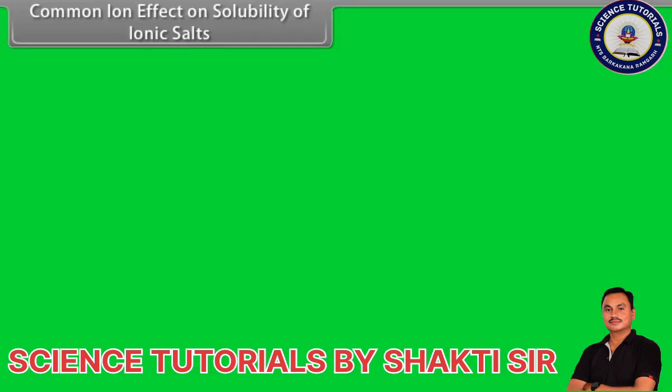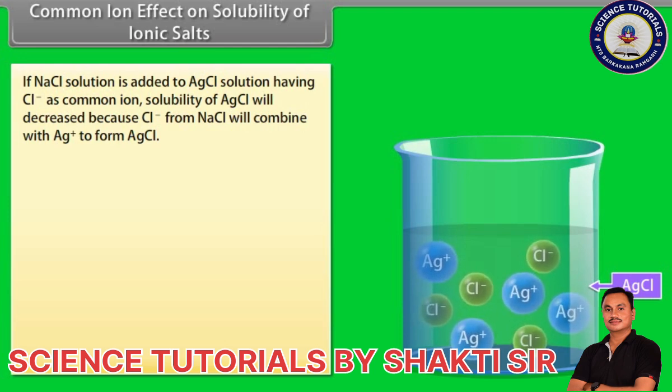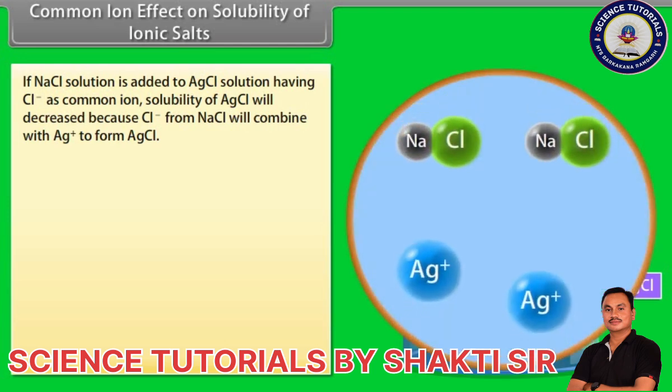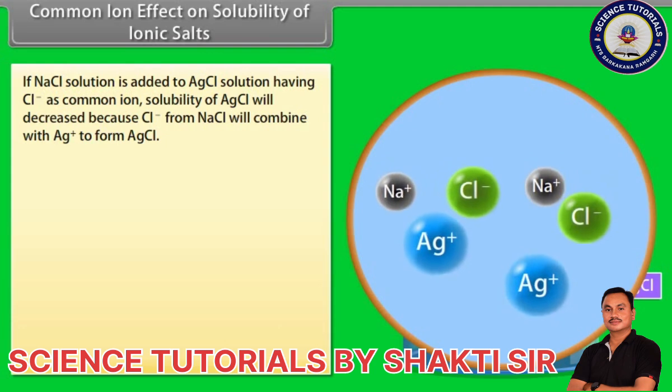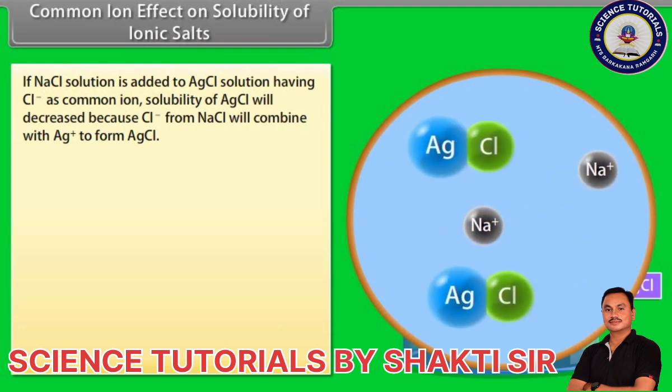Common ion effect on solubility of ionic salts. If NaCl solution is added to AgCl solution having Cl- as common ion, the solubility of AgCl will decrease because Cl- from NaCl will combine with Ag+ to form AgCl.